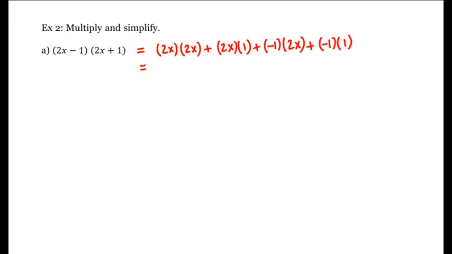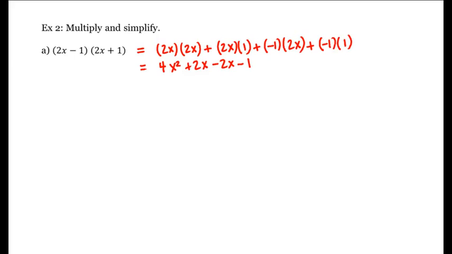This is equal to the product of the first terms in the two binomials, so 2x times 2x, plus the product of the outer terms, so 2x times 1, and then plus the product of the inner terms, so -1 times 2x, and then plus the product of the last terms in the two binomials, so -1 times 1, which gives us 4x squared plus 2x minus 2x minus 1.